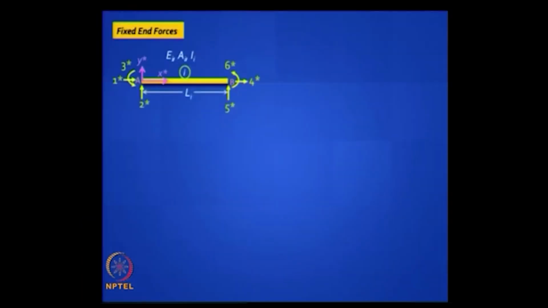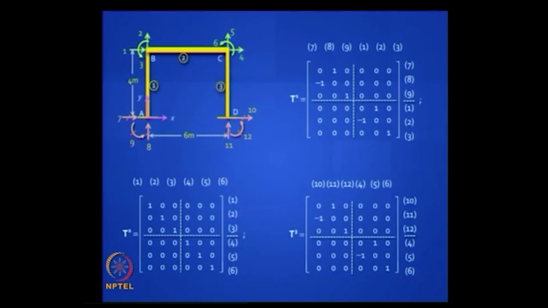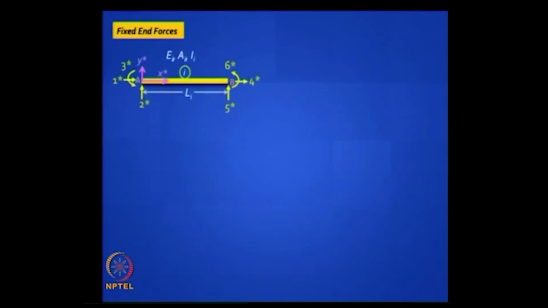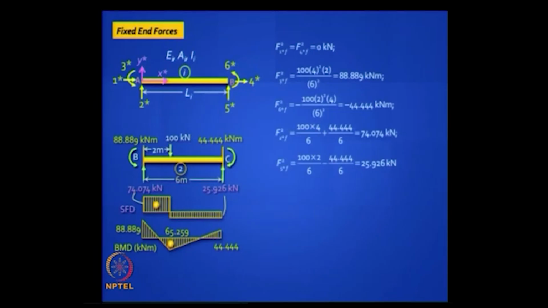Okay, next job. Is this clear? You can do this easily and you can program it if you wish. Next job is to find the fixed end forces. So what are the fixed end forces? It is easy to generate, it is a beam element.